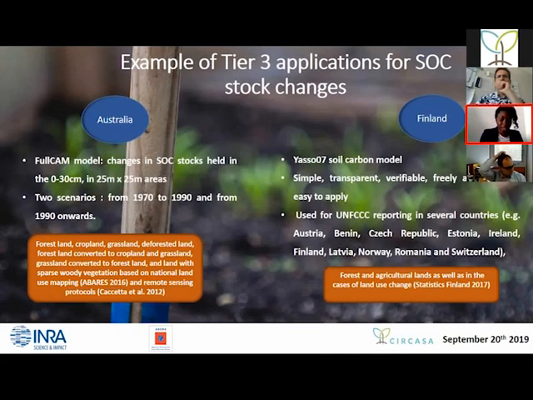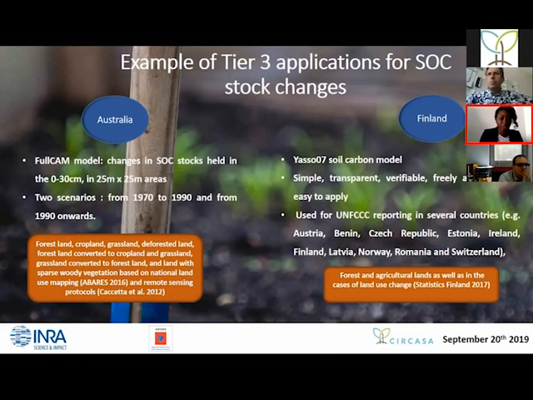In addition, it accounts for changes in major greenhouse gases and human-induced land use practices. This model is used to estimate management-induced changes in the stock of organic carbon in the first 30 centimeters, in areas that are 25 meters by 25 meters across the country.